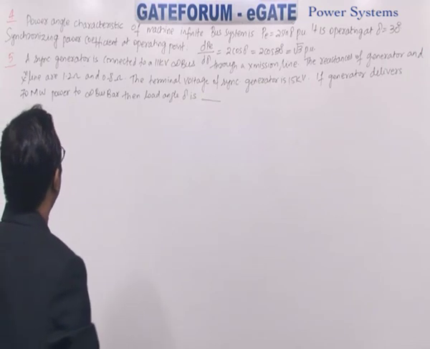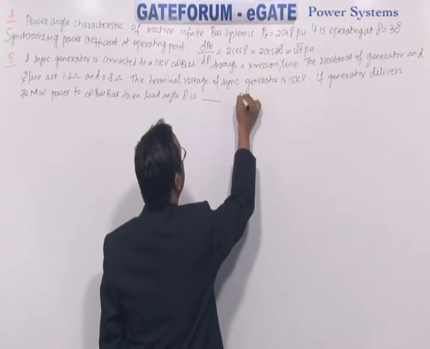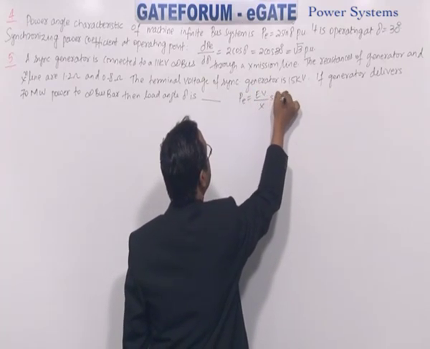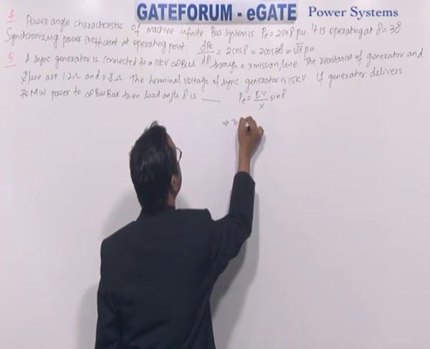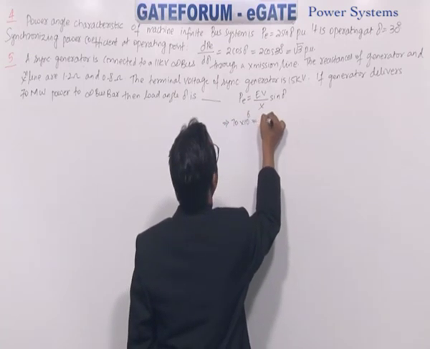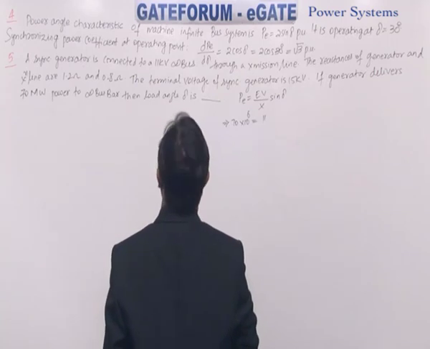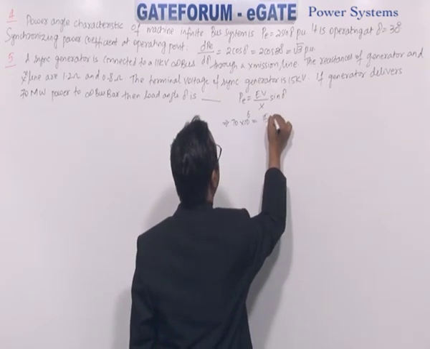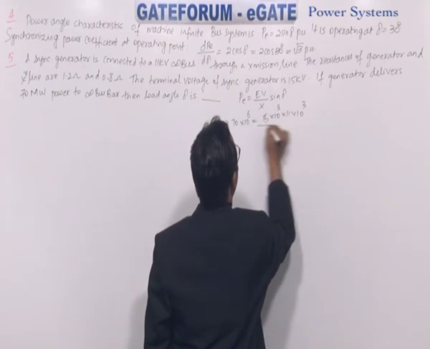This formula we know here. What is the formula to find PE? It is EV by X sin delta. PE is 70 megawatts. E is 15 kV. V is 11 kV.